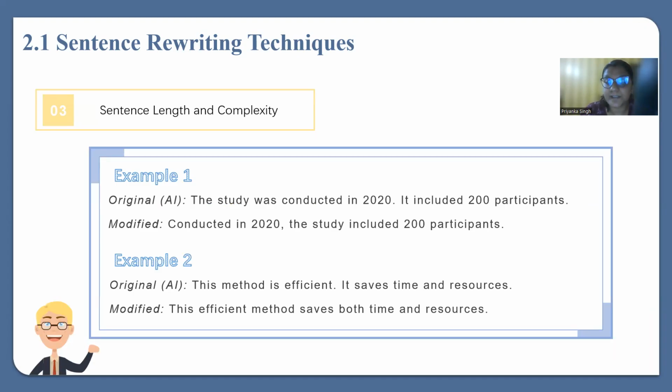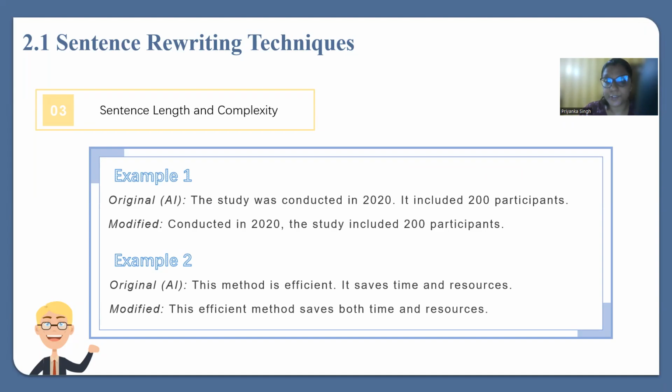Finally, let's discuss sentence length and complexity. Varying the structure of your sentences can create a more natural flow in your writing. For instance, an original AI-generated sentence might read, "The study was conducted in 2020. It included 200 participants."